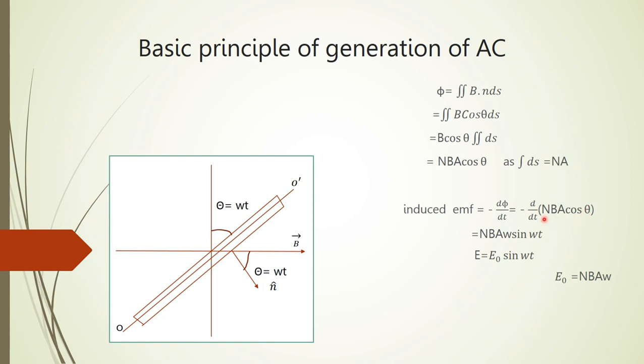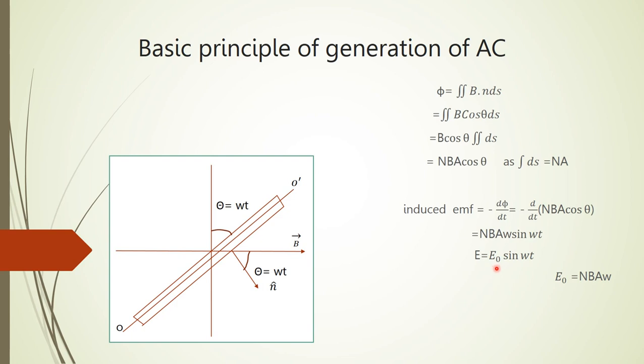The time derivative of cos omega t gives minus omega sin omega t, so the EMF is plus NBA omega sin omega t. If induced EMF, say capital E, is equal to E0 sin omega t, then E0 is NBA omega.